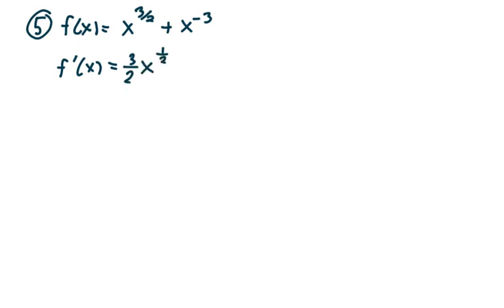That's what 3 halves minus 1 is. Plus, and then the derivative of x to the negative 3 is negative 3x to the negative 4. So this is 3 halves x to the 1 half minus 3x to the negative 4.